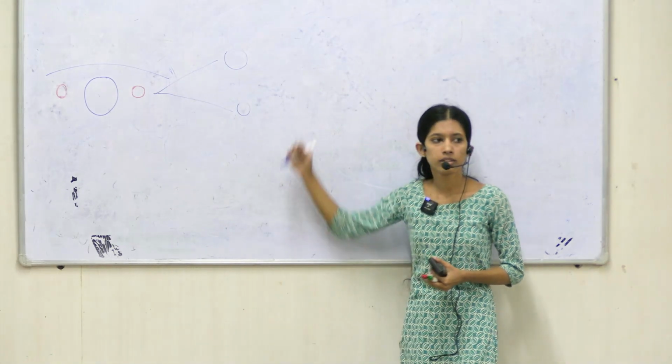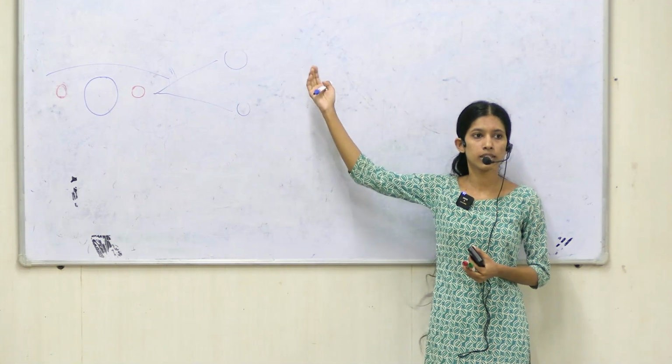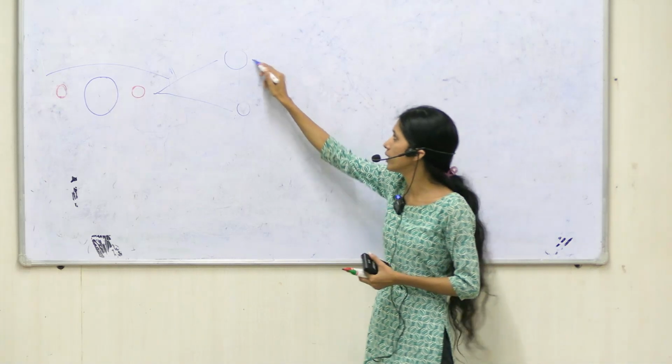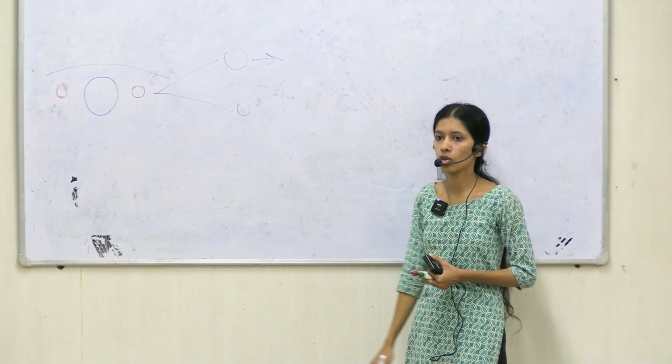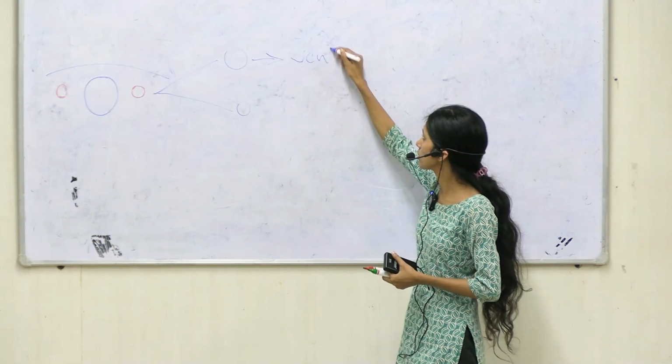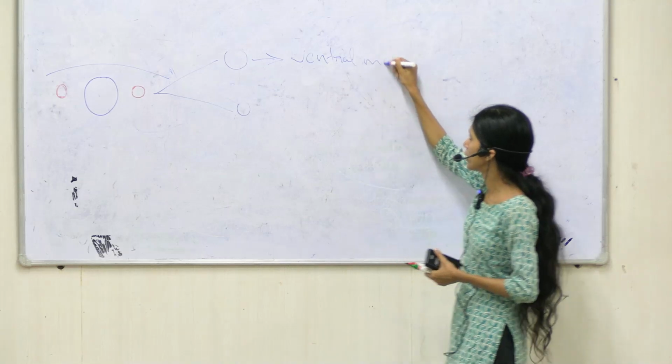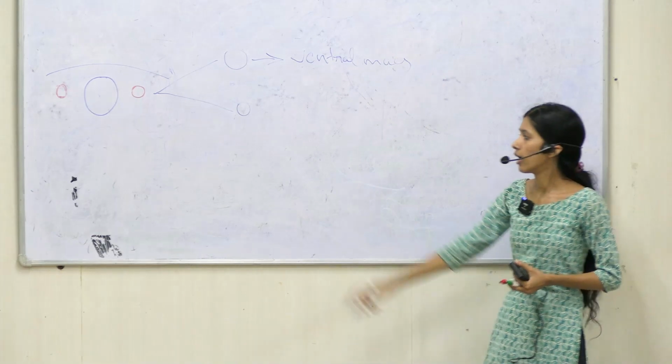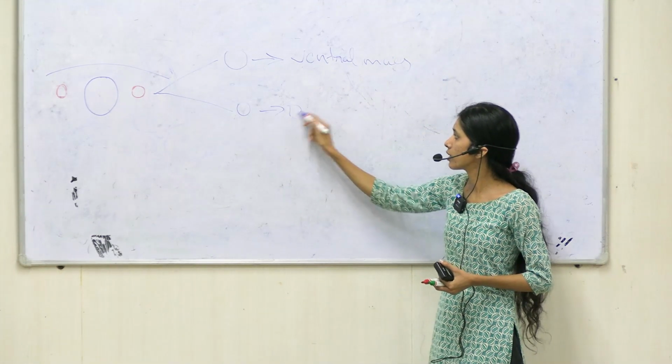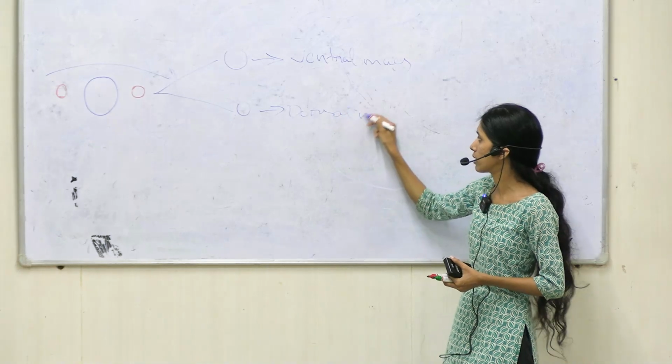The neural crest cell, which is present on the upper part, is called as ventral mass, and the lower one is called as dorsal mass.